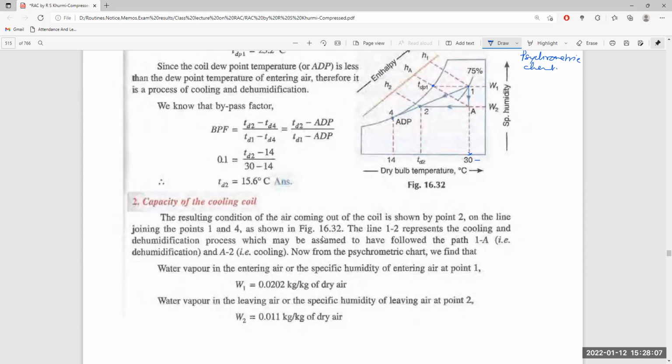Now from the psychrometric chart, we find the specific humidity of the entering air at point 1 is 0.0220 kg per kg of dry air. The specific humidity of the leaving air at point 2 is 0.011 kg per kg of dry air.